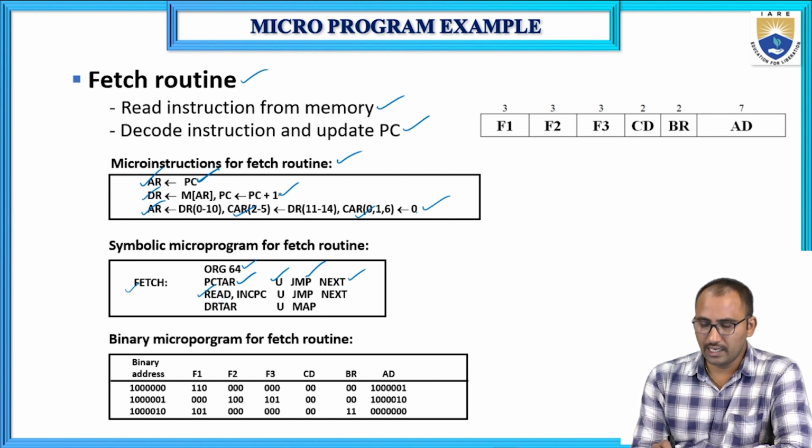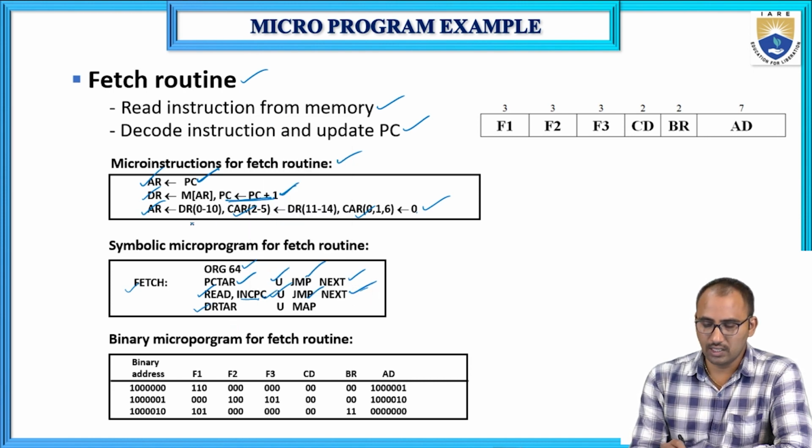Next, incrementing PC, that is, increment PC. What is the condition type? Unconditional. Branch type? Jump. Address type? Next. That means after executing this current instruction, it will go to the next address.